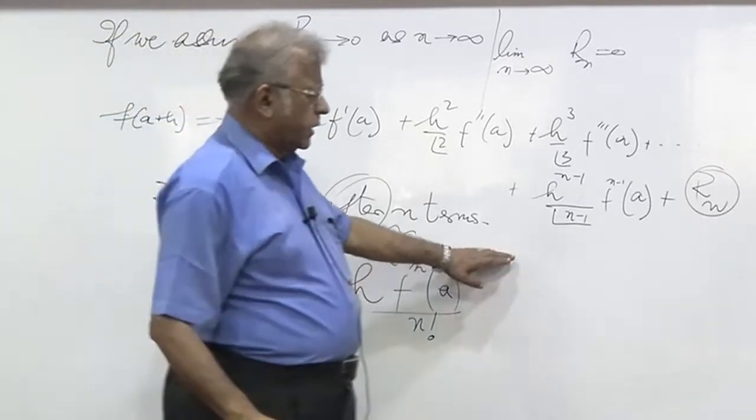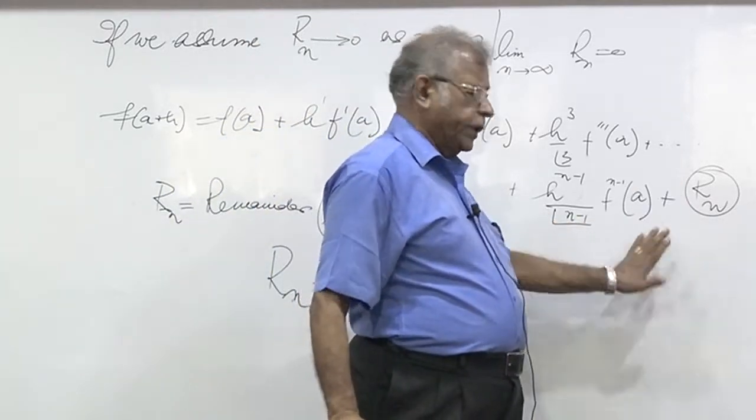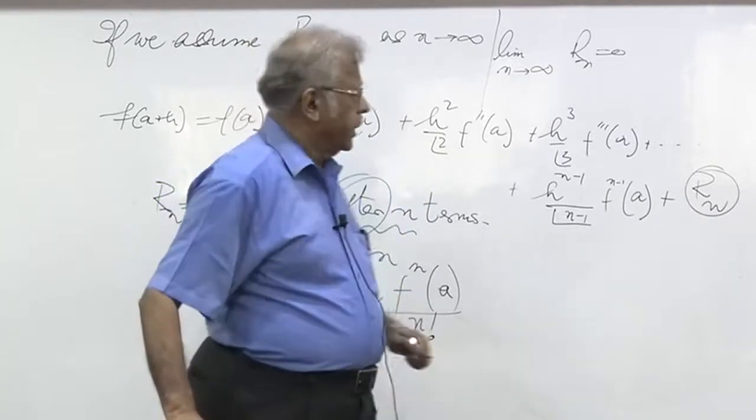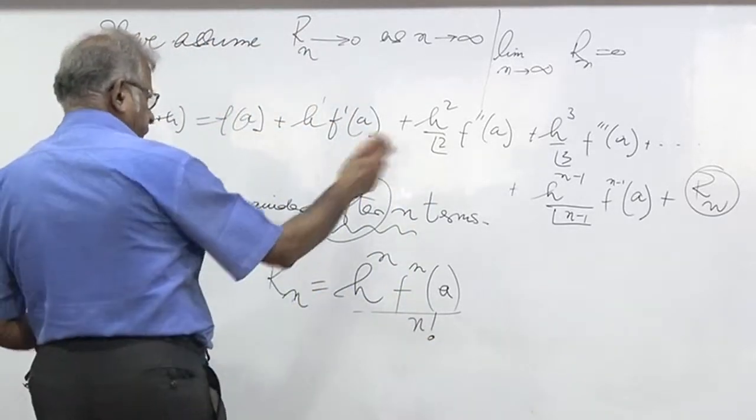Up to this we say it is in the finite form, and if we write in the following way, I will just write the infinite form. So, this is the finite form.